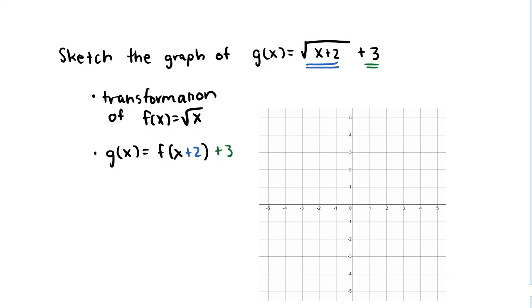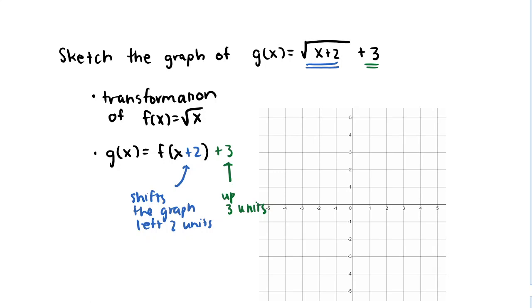We know that adjusting our input in this way shifts the graph left 2 units. And this plus 3 tacked on at the end shifts up 3 units.